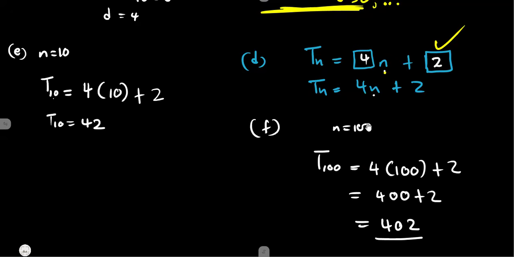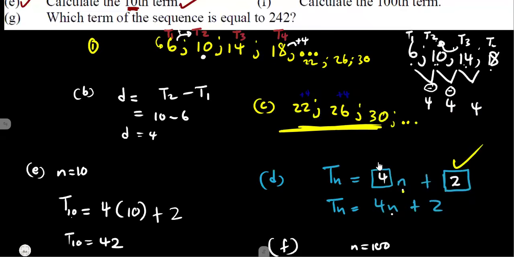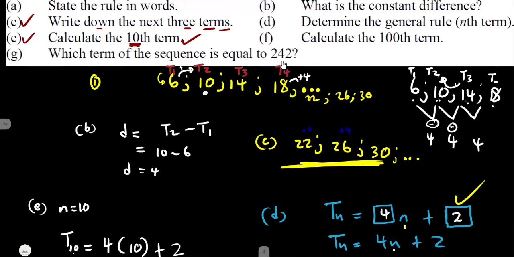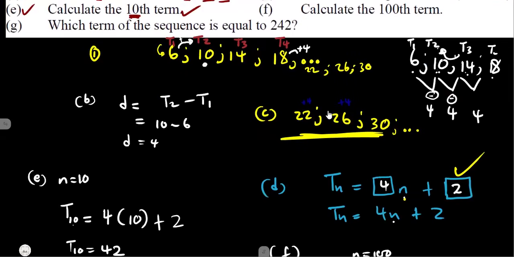All right, then another part: which term of the sequence is equal to 242? When they ask you which term of the sequence, the term of the sequence is the position. So they are saying find n when the number in position is 242.